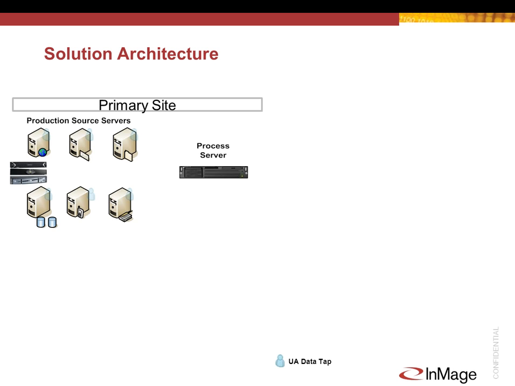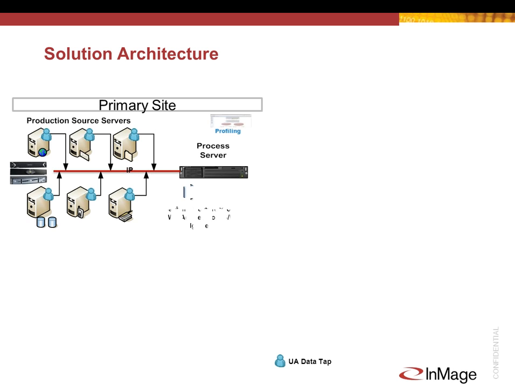As we build out the next couple of architectural slides, the first slide here is representative of a physical environment and a physical environment replicating into a virtual environment that is a non-VMware environment. Essentially what we have is there are data tabs that reside on the servers, the piece of software. We have a host offload solution, meaning that there's a process server or a second tier of architecture available, and that process server does all the heavy lifting.